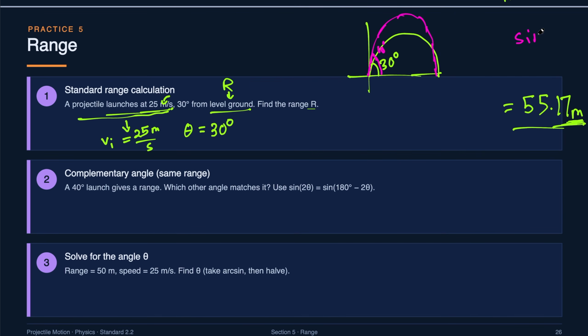Sine 2 theta. Sine is exclusively between 0 and 1. So how do I get 1 from this? If I plug in 45 degrees here, sine 2 times 45 degrees will give me sine of 90. And sine of 90 will give me 1.